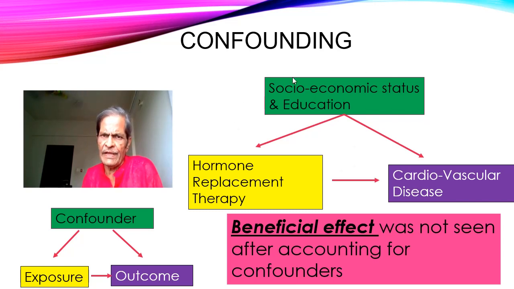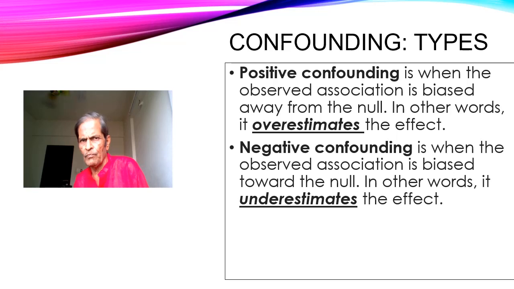And when the results were analyzed, the beneficial effect was not seen after accounting for the confounders. There are certain statistical methods by which we can find out whether the confounding has affected this relationship. So this beneficial effect disappeared when the confounding effect of socioeconomic status and education was taken into consideration.